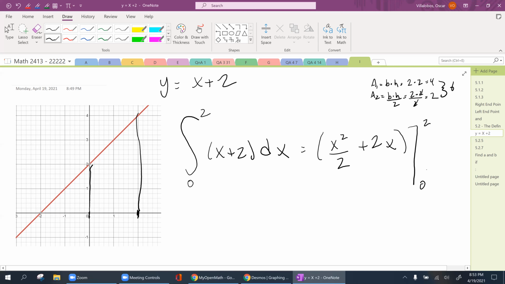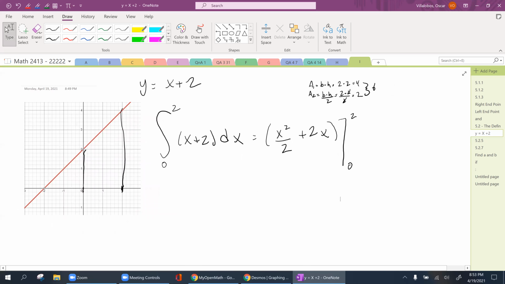Once you have that, this notation here is going to tell you to get the entire function you have here and plug in a 2, minus that entire function again, but with 0 in it. So it's always top minus bottom.